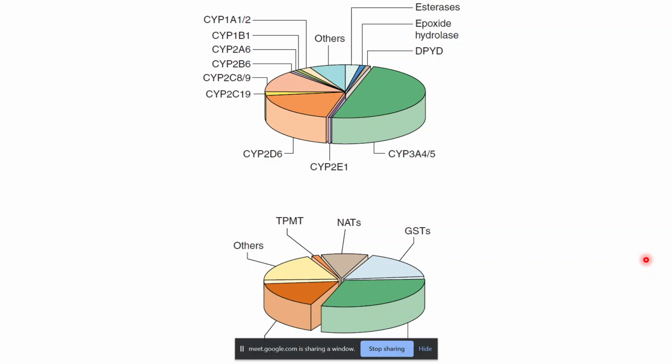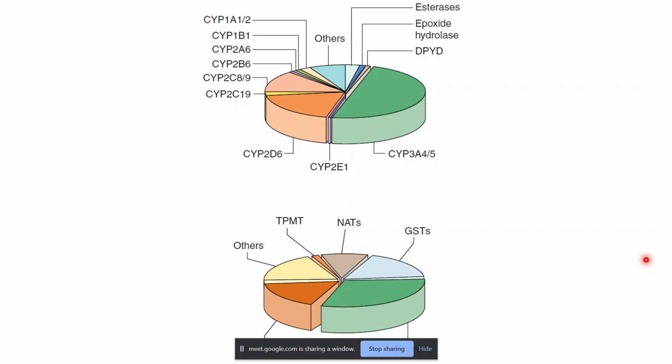And the enzymes that make those phase 2 reactions are usually transferases. They are usually located in the cytosol of the cell, and the most common enzyme is uridine 5-diphosphate, or UDP.